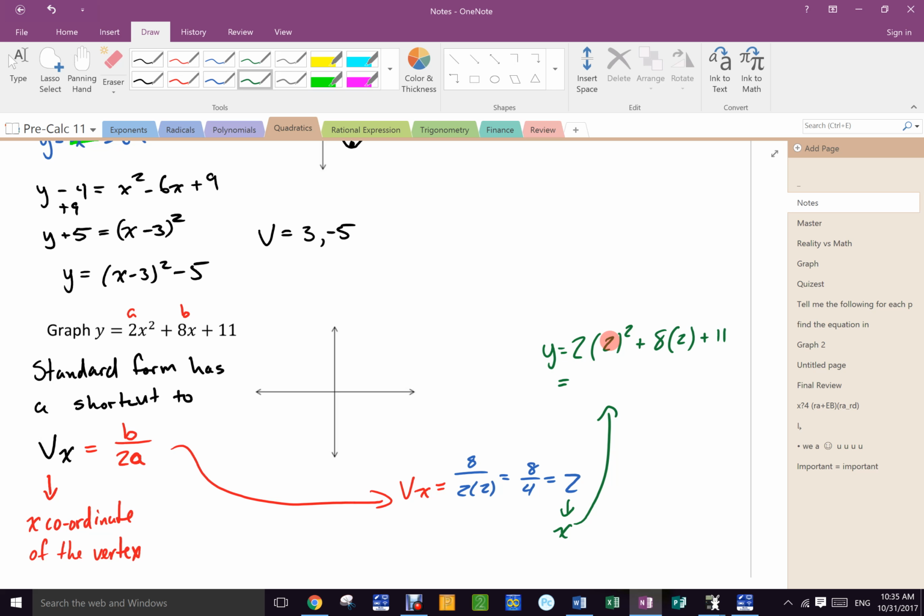Okay. Oh, I forgot a negative in there, didn't I? Yeah, I did. 2 squared is? 4 times 2 is? 8 times 2 is? Plus 11, right? But there's a negative in there. It's negative b. Sorry.